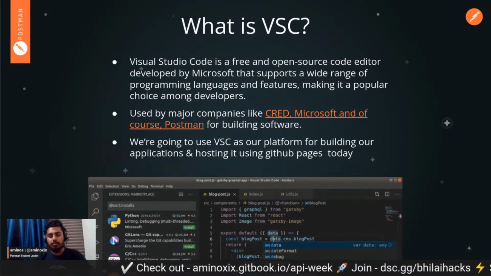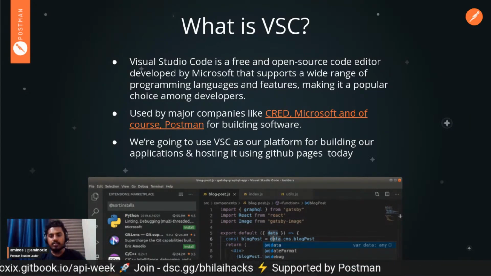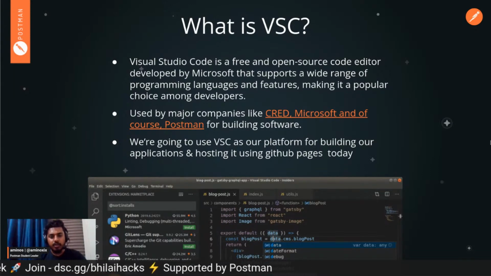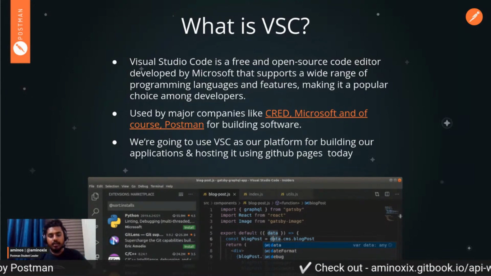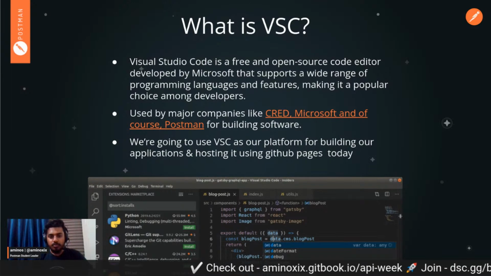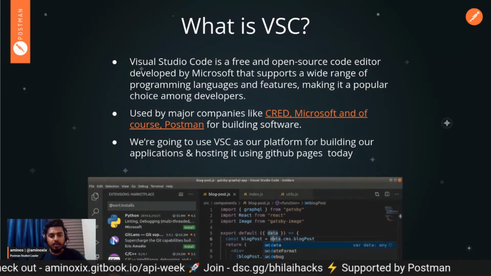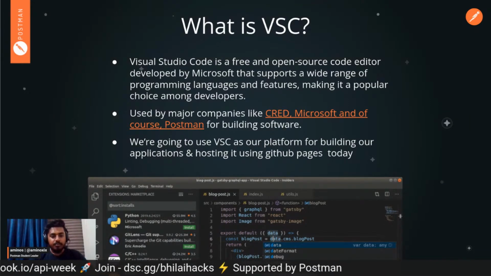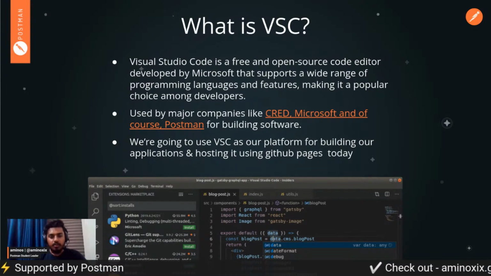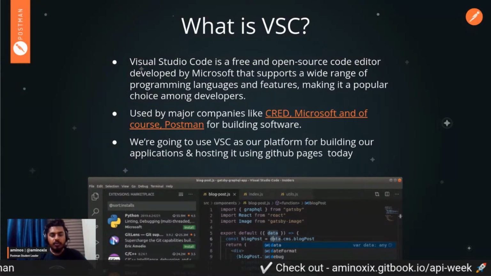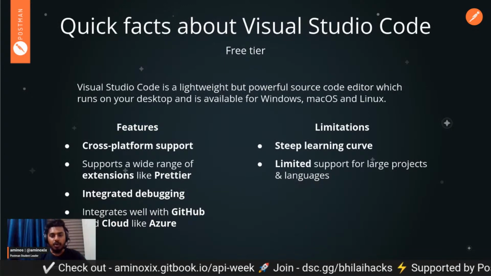It's really popular in student-run communities and developer communities, and a lot of companies like Cred, Microsoft, and Postman use it for building software. I think you are also familiar with VS Code. We are going to use VS Code as the platform for development, and we will see these things in deployment as well.